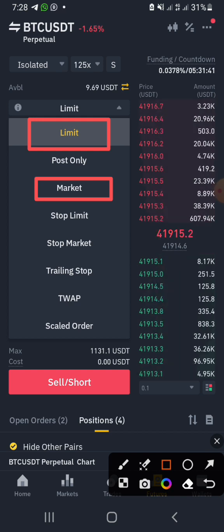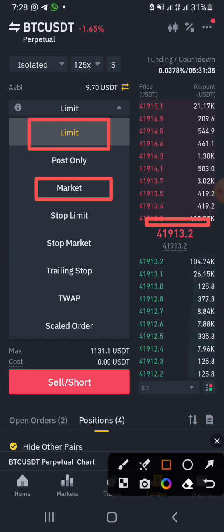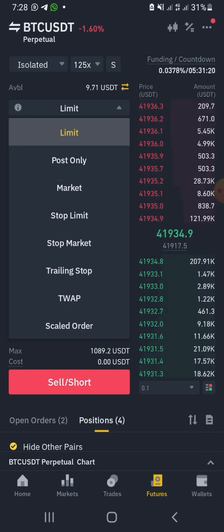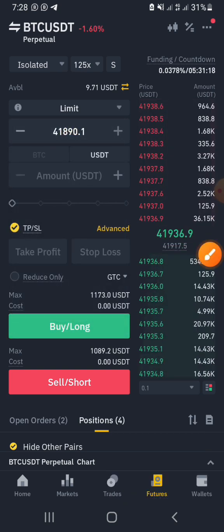But for market, it will automatically enter the trade. For instance, currently, as you can see here, Bitcoin is about $41,900. So automatically, once you enter the trade, it's going to pick from the current market price it is running on. I hope you understand that. That is very clear and very easy to understand.